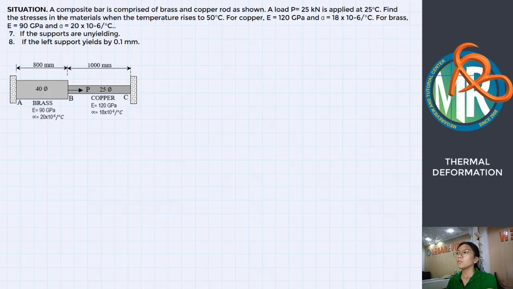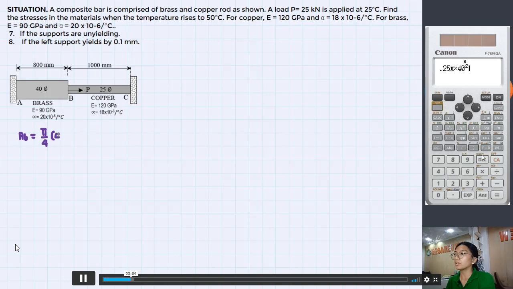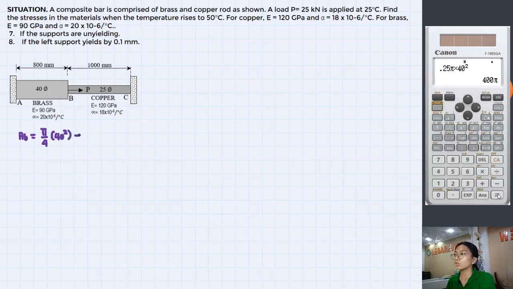Okay, so kunin muna natin yung areas, cross-sectional area of the brass and the copper rod. For the brass, that is pi over 4 times 40 squared. Store nyo tong value na to kay E. For the copper naman, that is pi over 4 times 25 squared. Store nyo naman to kay F. Right?